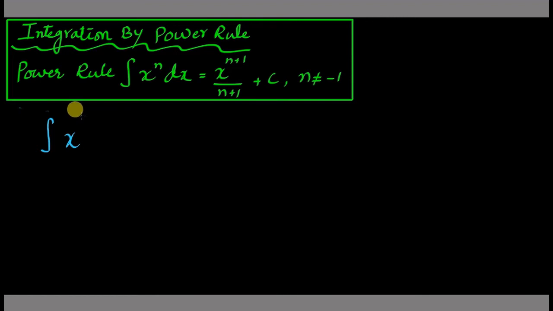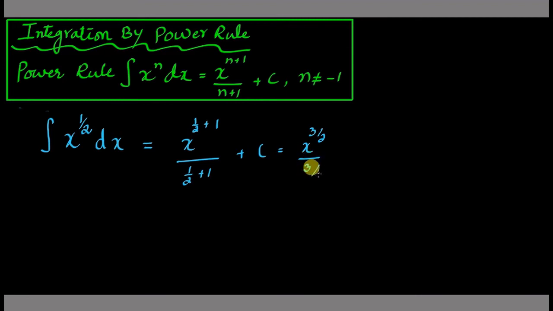For instance, if we have 1 by 2, similarly the same power rule can be used here: x raised to power 1 by 2 plus 1 over 1 by 2 plus 1 plus c, and ultimately you will get x raised to power 3 by 2 over 3 by 2 plus c.